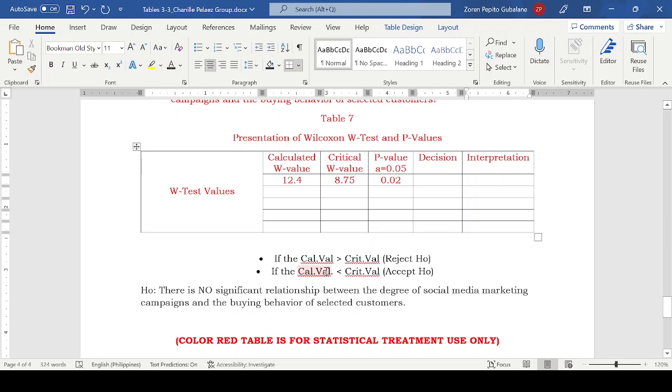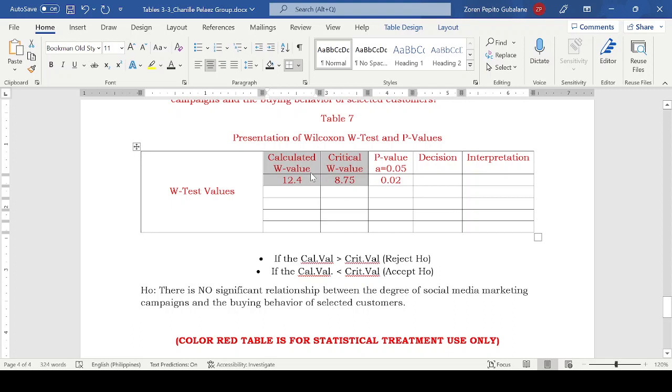Okay. So, what specific rules does this particular combination, the calculated and the critical value, fall in?